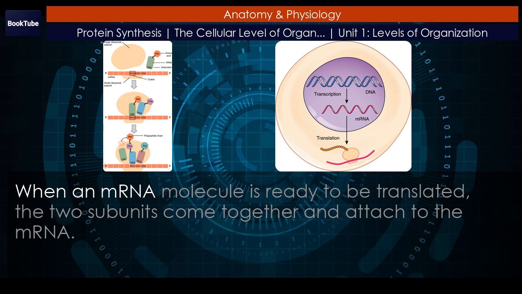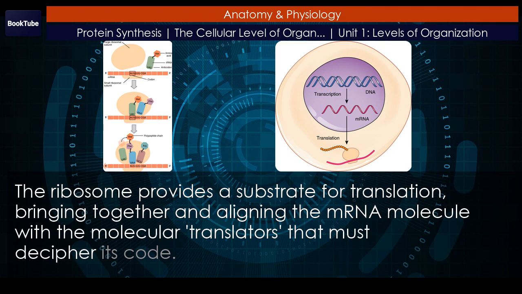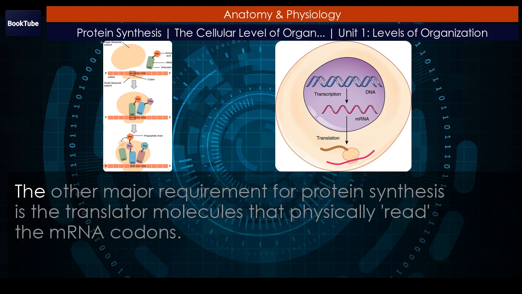When an mRNA molecule is ready to be translated, the 2 subunits come together and attach to the mRNA. The ribosome provides a substrate for translation, bringing together and aligning the mRNA molecule with the molecular translators that must decipher its code.